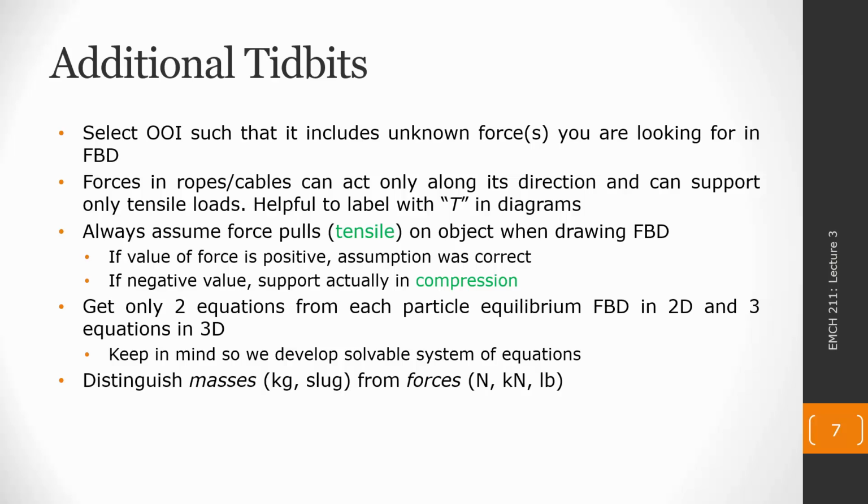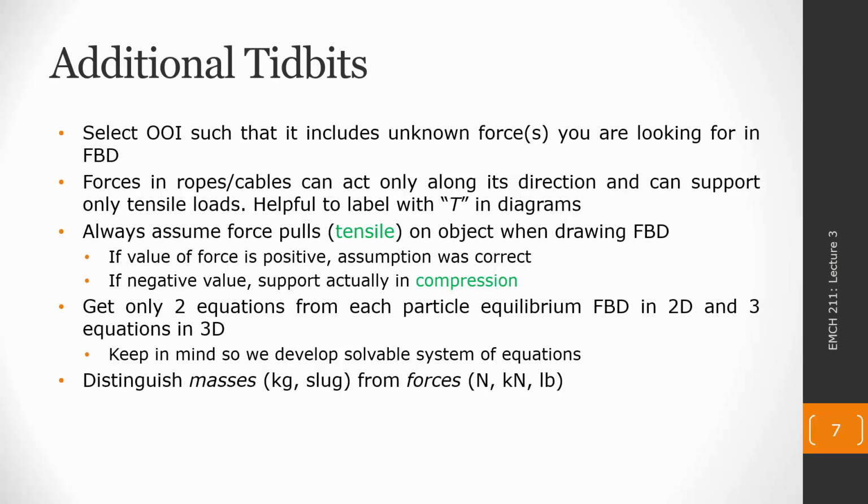Now, where does this confusion arise? Well, sometimes we have to consider the actual weight of an object, which oftentimes we don't, but sometimes we do. Weight is a force quantity, so newtons or pounds typically. If we are given the mass of an object in kilograms commonly, and we are accounting for the weight force acting on the object, we need to make sure that we are converting that mass into the force due to gravity.